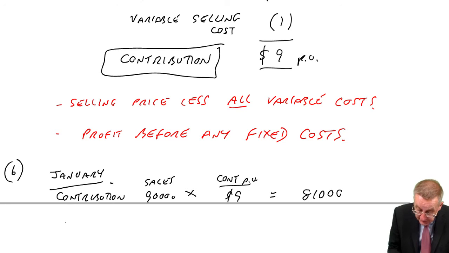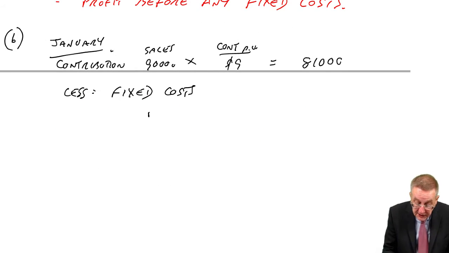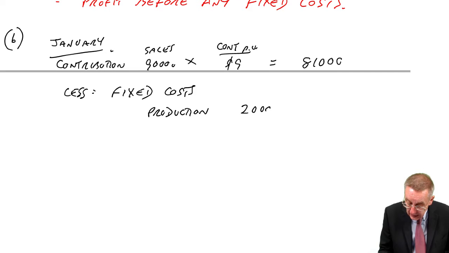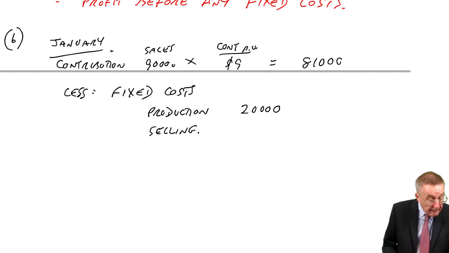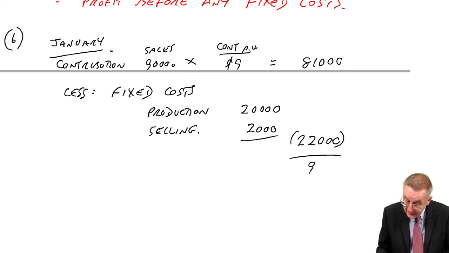And of course, for the final profit, we will subtract the fixed costs. And there are two. There are production fixed costs of 20,000, and selling fixed costs of 2,000 a month. So total 22,000, giving a final profit of 59,000.